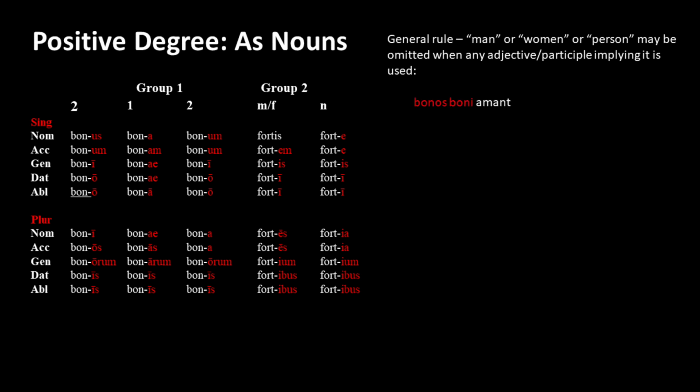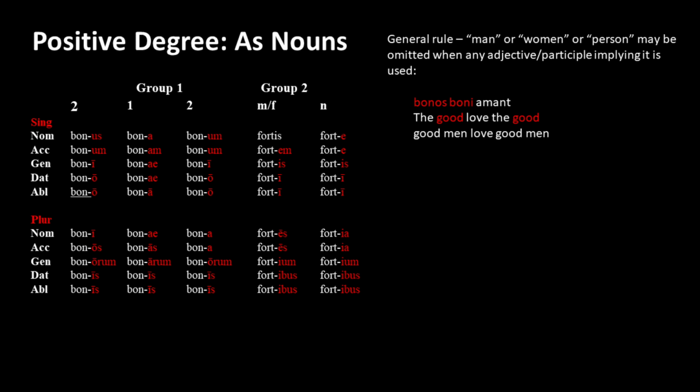Start with this one. Boni bonos amant. The good love the good, or good men love good men. Giving an exact English translation of that is not entirely easy, but have a look at boni. It's nominative, it's masculine, it's plural, therefore it means the good men are loving.